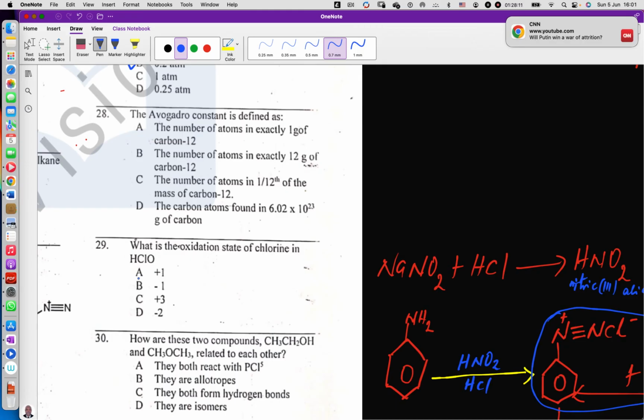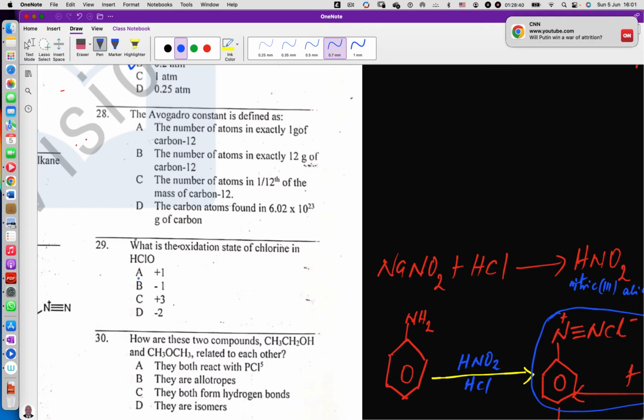This is the number of particles. I'm talking of ions, atoms, molecules, electrons, present in 1 mole of any substance, which is equal to 6.02 times 10 to the 23rd.